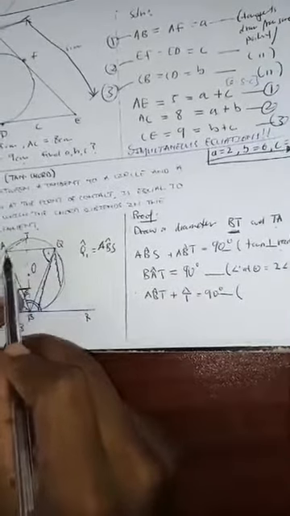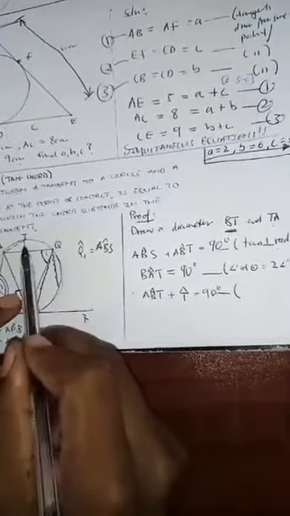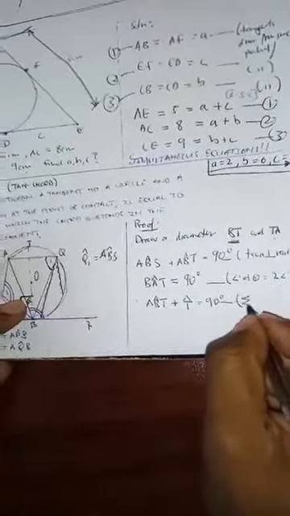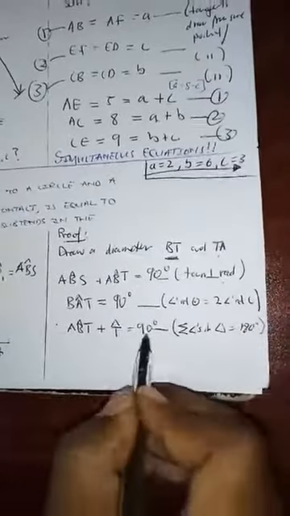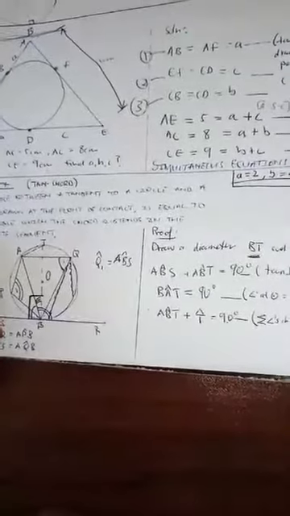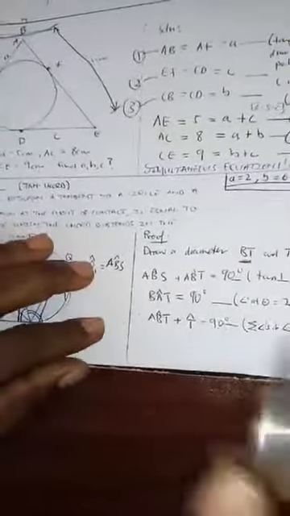Why? Because that angle is already 90, as we've shown there. These two angles must add to 90 because the sum of angles in a triangle is 180. So 90 plus 90 gives you 180 degrees for triangle ABT. I need your maximum attention, if you're still there.